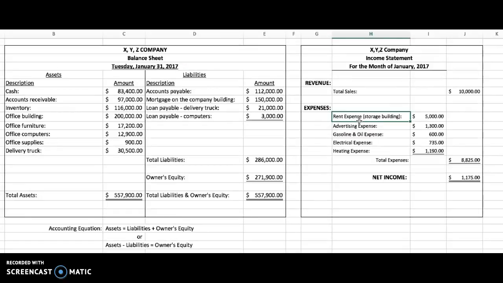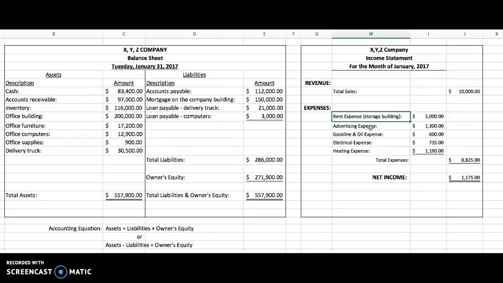Under expenses, you see rent expense, and we are apparently renting a storage building. Now, back over on the balance sheet, let's go back over under assets. Nowhere here do you see storage building listed as an asset because we do not own it, so it cannot be an asset. But it has something to do with the income statement.